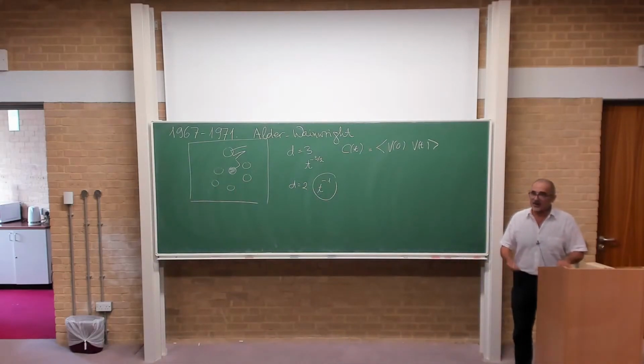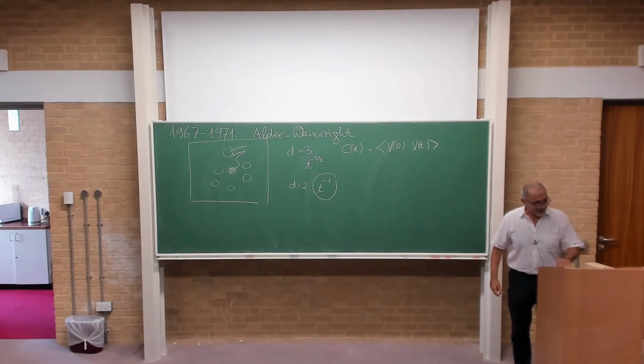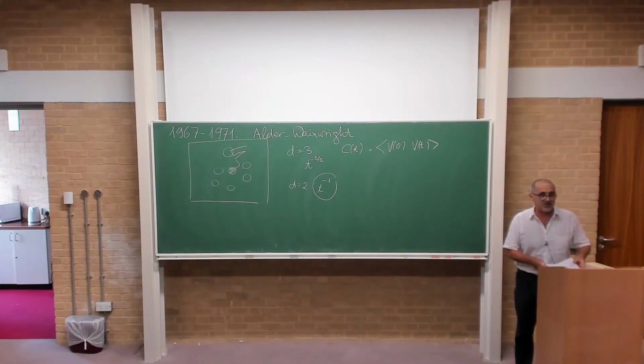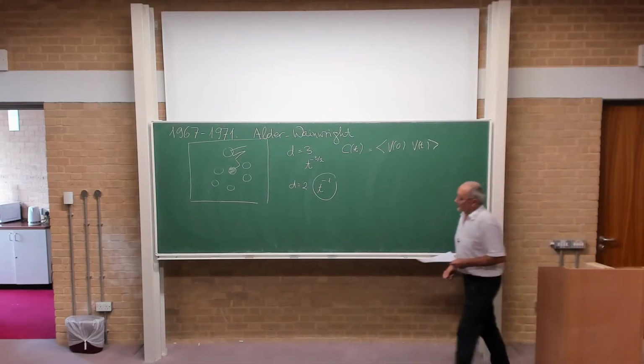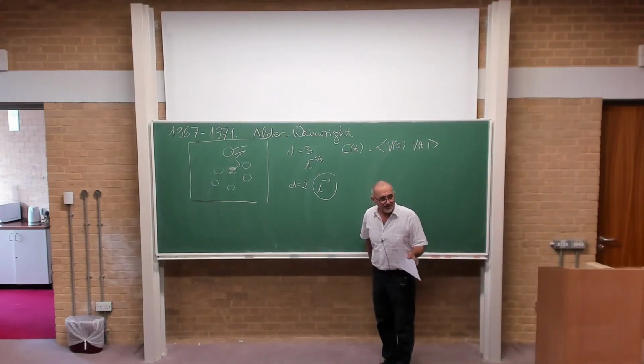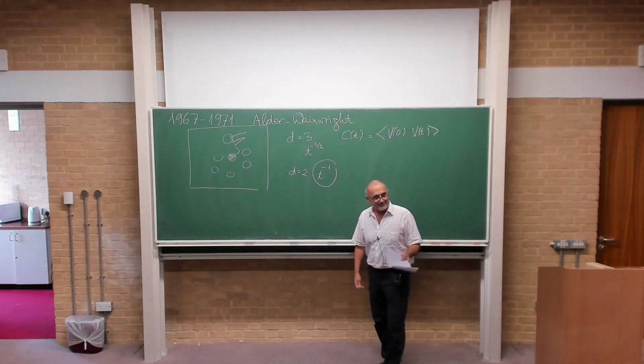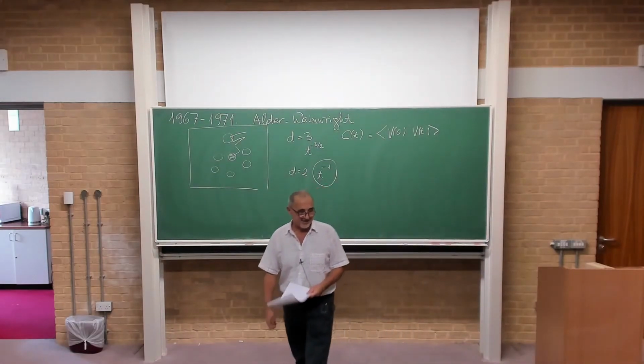Okay, so let me just ask: is there anyone here who knew about this Alder and Wainwright story? No? Why? So I will try to give you the argument reconstructed in my terms, because if you read these physics papers, it's not so easy to understand. But of course, it's not because the ideas are not good, but because the way of writing it down is not so clear for us.